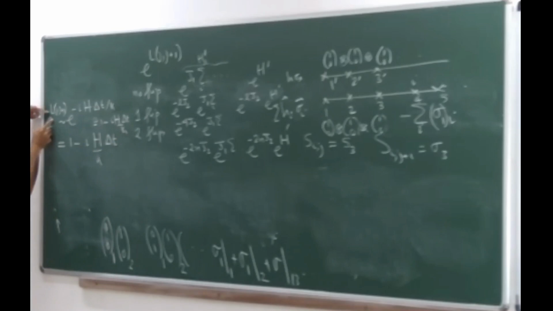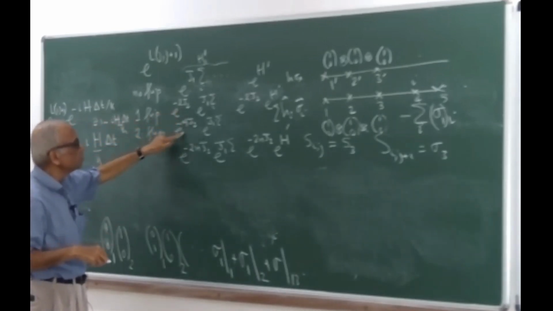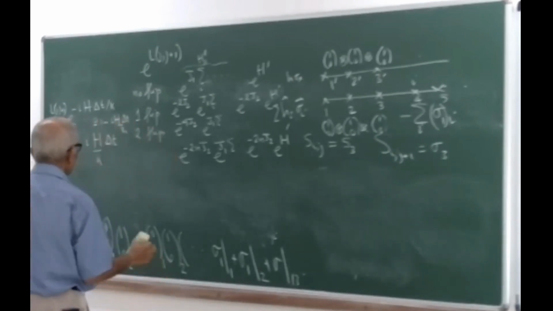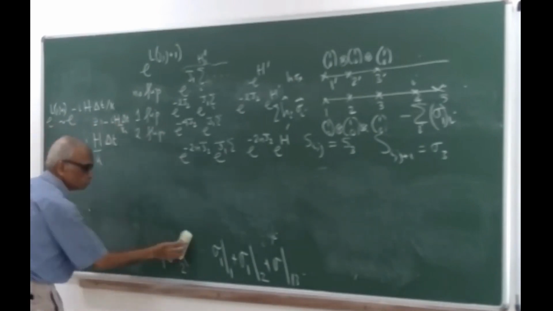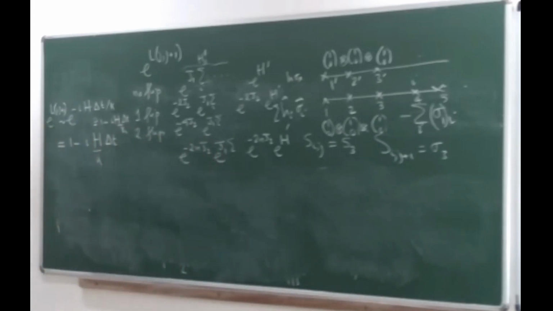So the matrix elements of this have to match the matrix elements of that. If there is one flip, then the matrix element of this is this, and if there are two flips, it's this and this. If you have no flip, then this is operational.